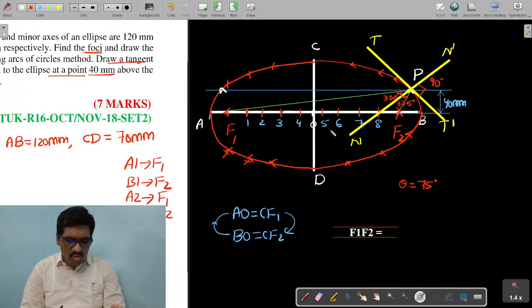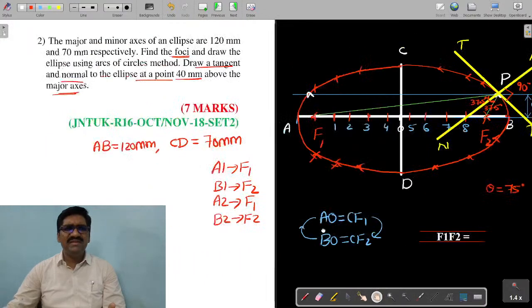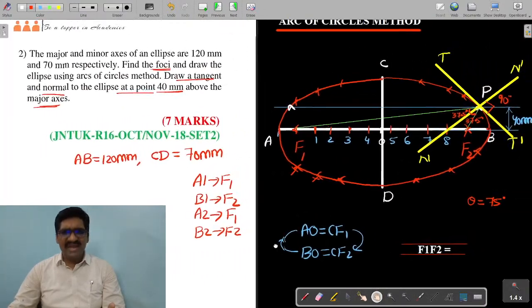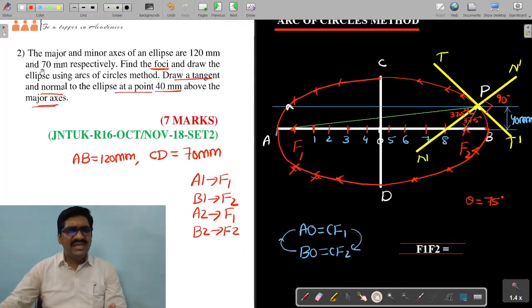Tell me, Nitin Kumar, you are saying something. Thank you Shamshuddin, thank you so much. Okay sir, CO is equal to 35. Yes, CO is 35, since half of the major axis, but the tangent is 40 mm. Actually in the examination the distance might be given. One second, I can understand what you are saying. So CD is how much? CD is 70. CO is how much actually? 35.